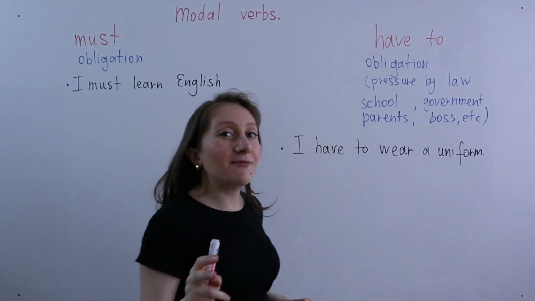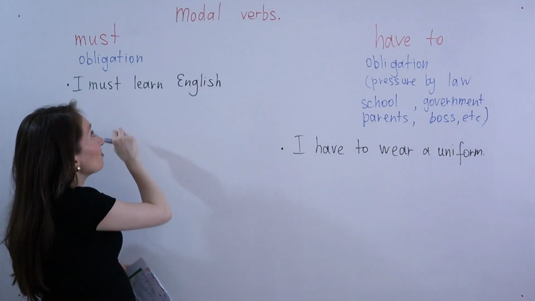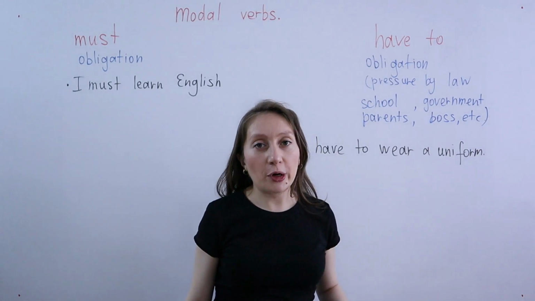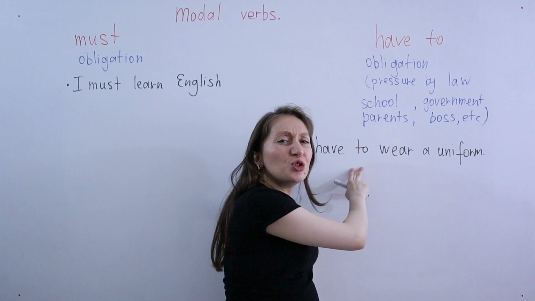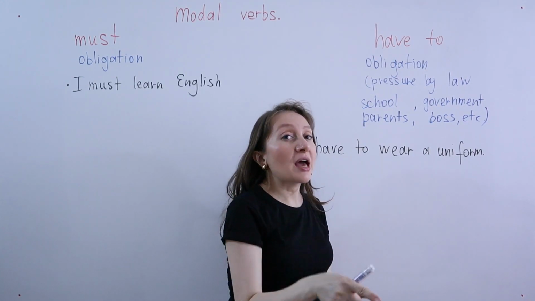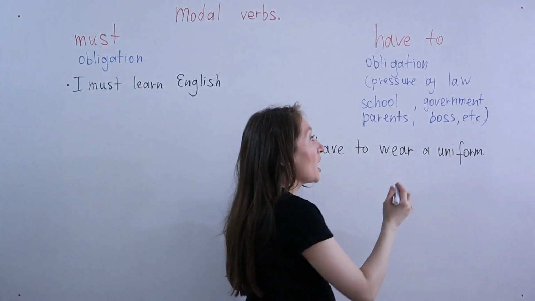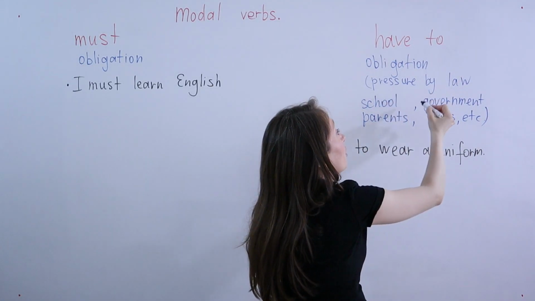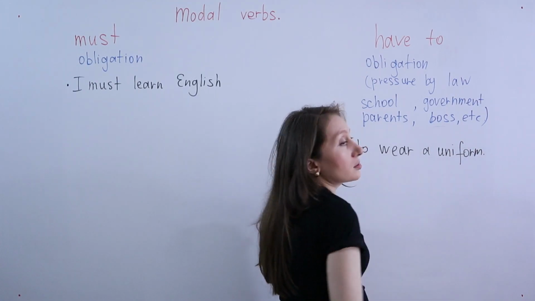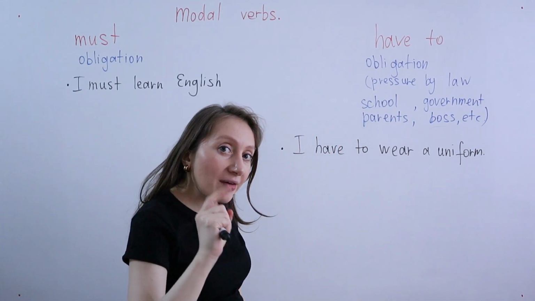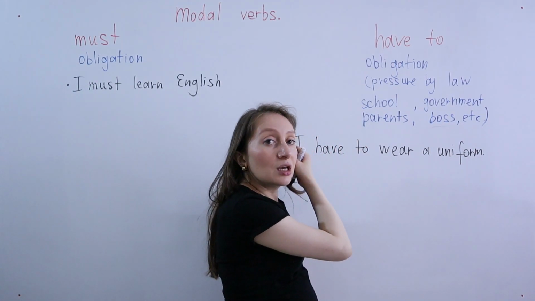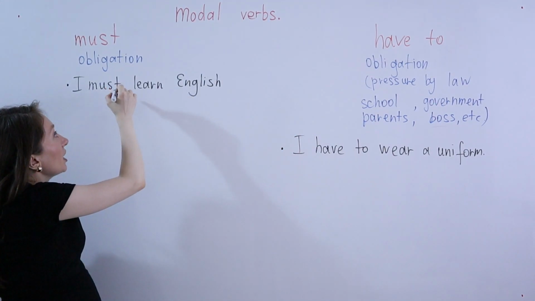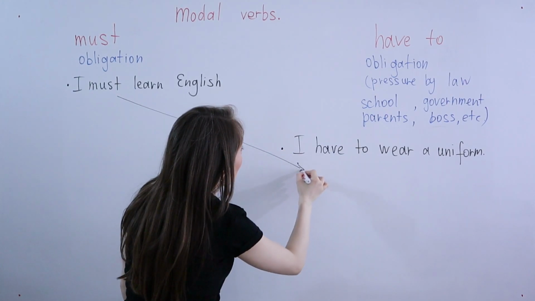Do you feel the difference between I must learn English and I have to wear a uniform? Here, you don't want it, but you have to because it's the rule of your job. It's the government rule or boss told you that you have to wear a uniform, right? So in here, it's your decision. We can use the same sentence, the same meaning here.